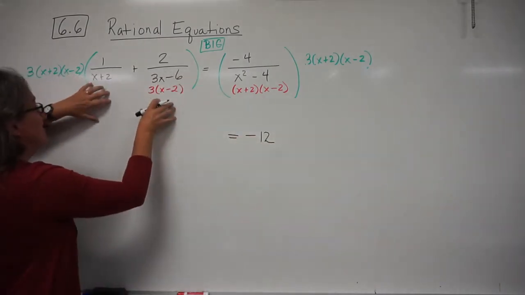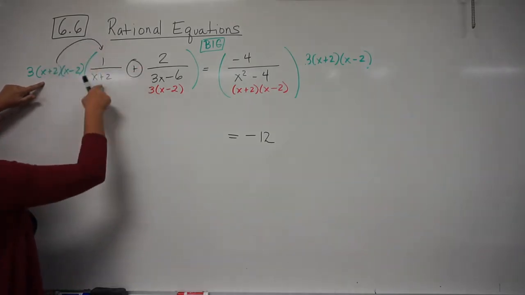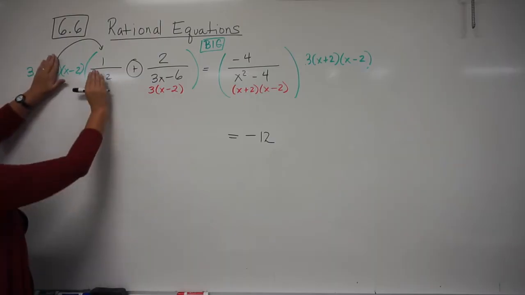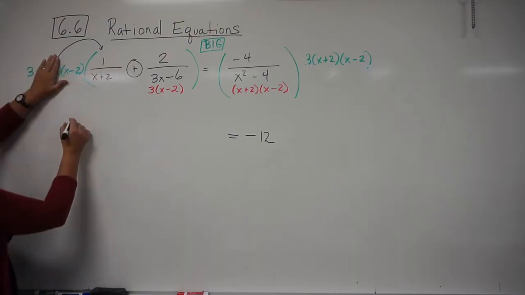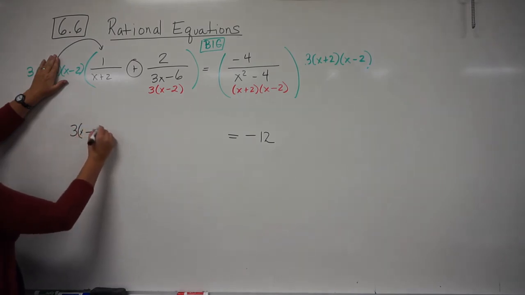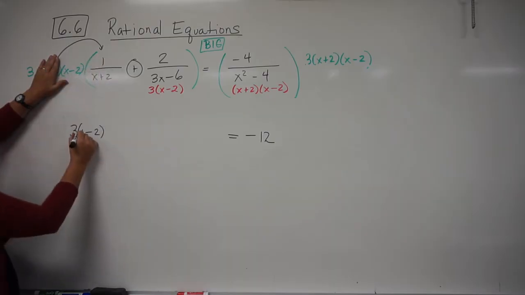On this side, when I distribute, because I have two terms, they're separated by an addition symbol. For the first one, the x plus 2's cancel out, and I have 1 times what's left out front. 1 times 3 times x minus 2. Okay, so I have the 3 and the x minus 2 times 1, which is just itself.